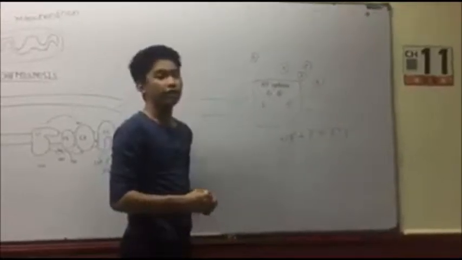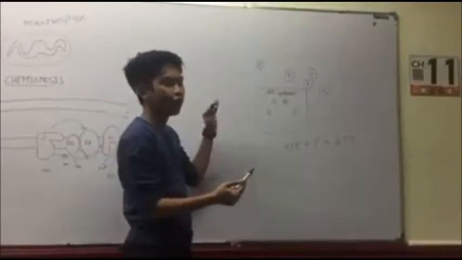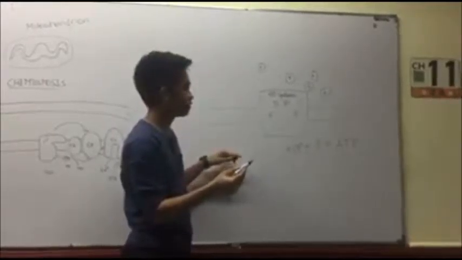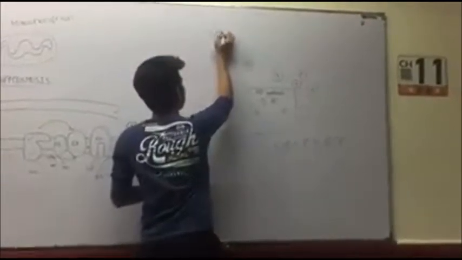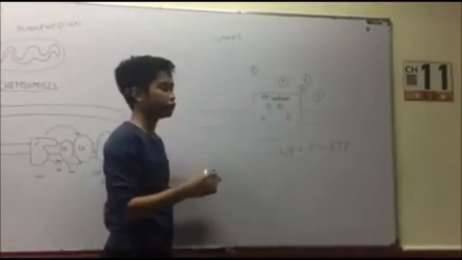So what is the tendency if one side has much more and the other one has less? Based on osmosis, we know that osmosis involves different concentrations.